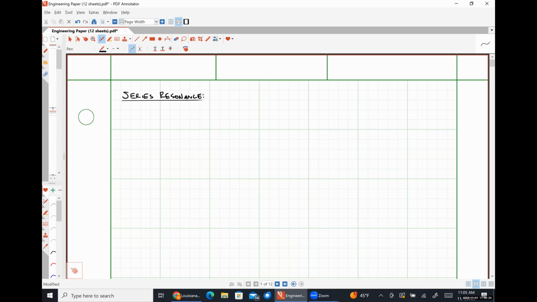So let's say that we have a simple RLC network where all of the elements are connected in series like so. And this is part of some greater network.